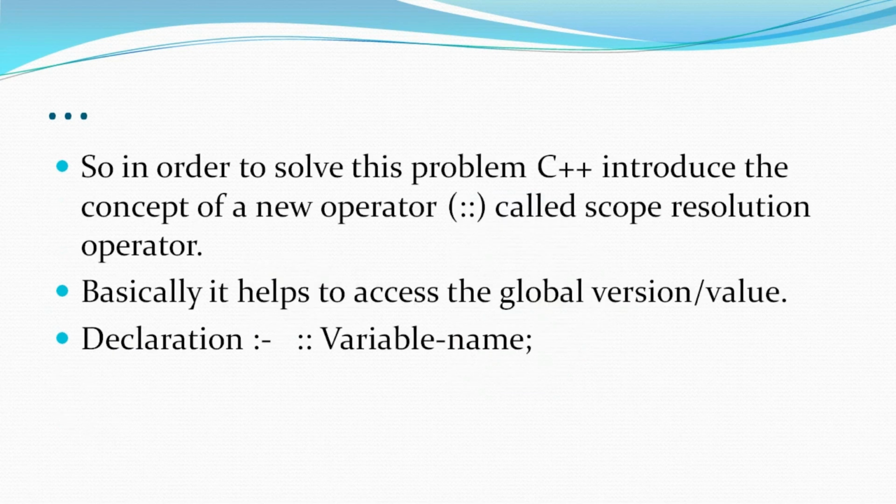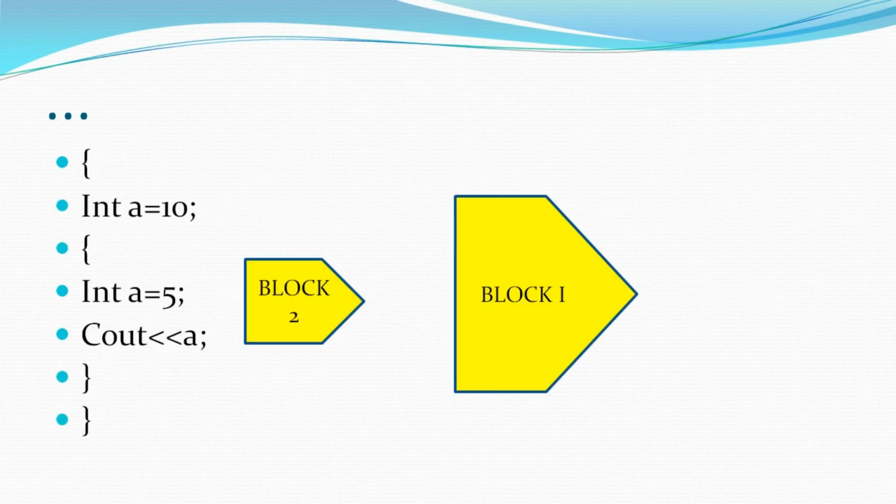The declaration is in the form of the scope resolution operator followed by the variable name. If we use the scope resolution operator with a, the value of a will not be 5, it will be 10.